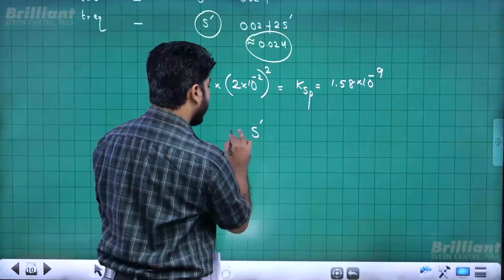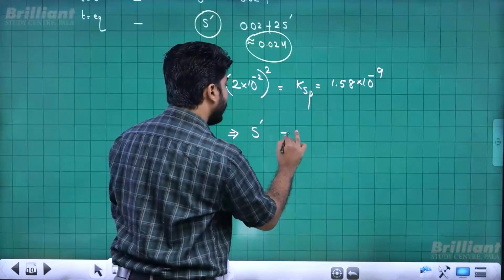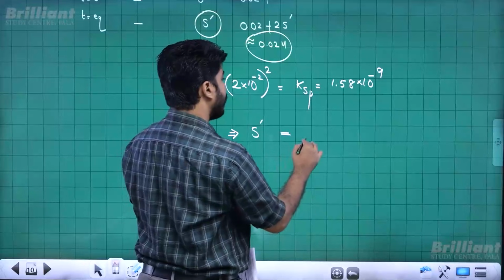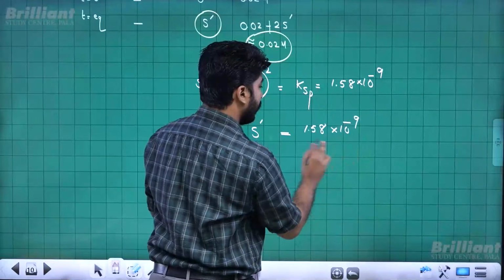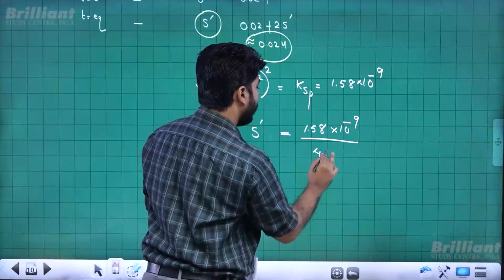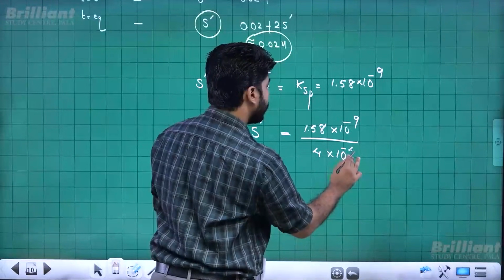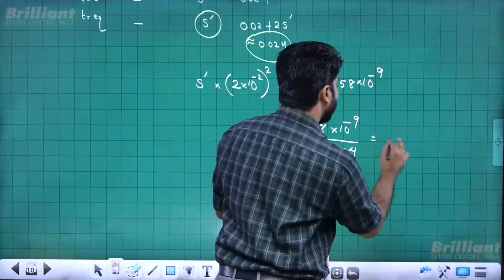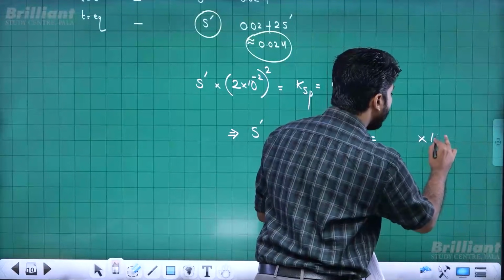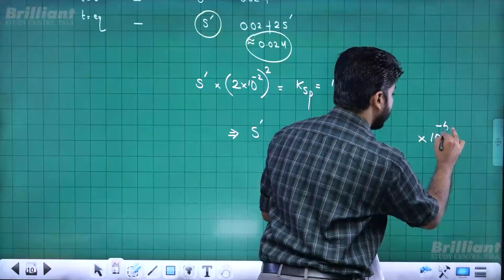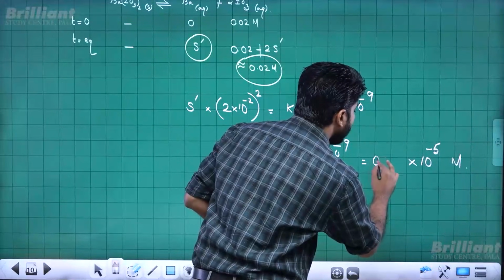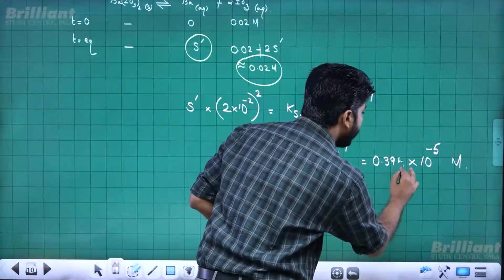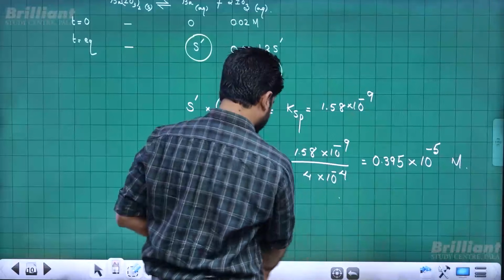So, very directly, the molar solubility of barium iodate in this particular solution is 1.58 divided by 4 into 10 raised to minus 4. So, this is giving us some value in mole per liter units. So, the exact answer is 0.395 into 10 raised to minus 5 molar.